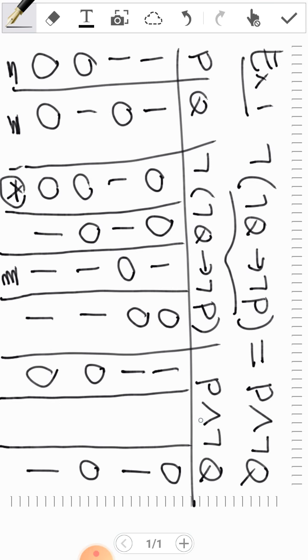And then this column will represent for and. And when we're using the conjunction and, both propositions must be true so that this will be true. True and false, this must be false. True and true, this must be true. False and false, this will be false. False and true, this will be false. And this column here will now represent the entire right side.